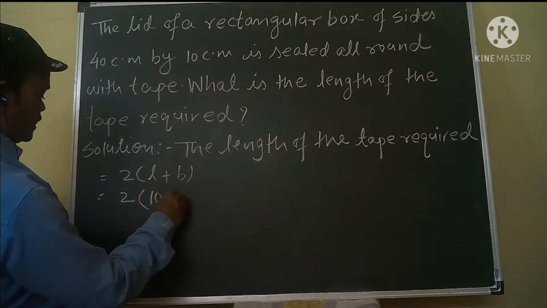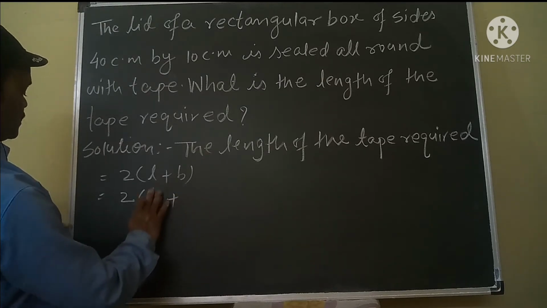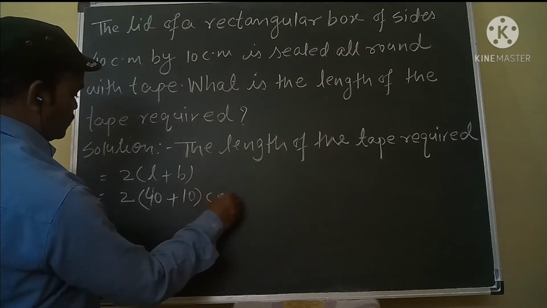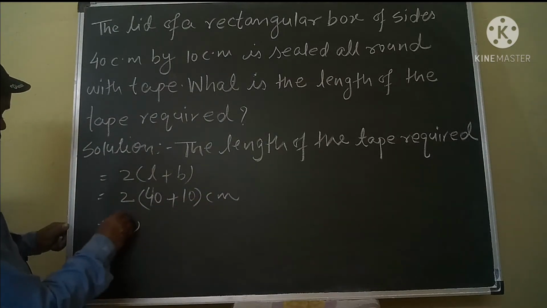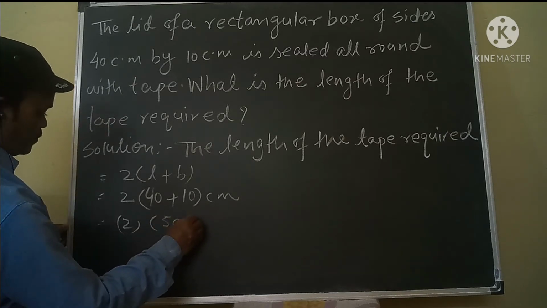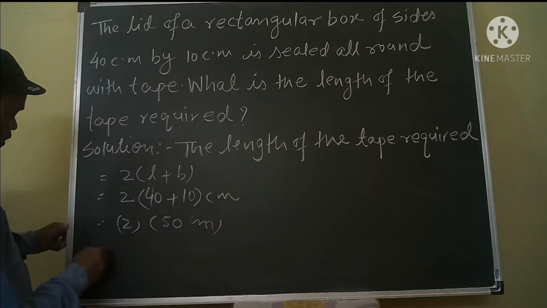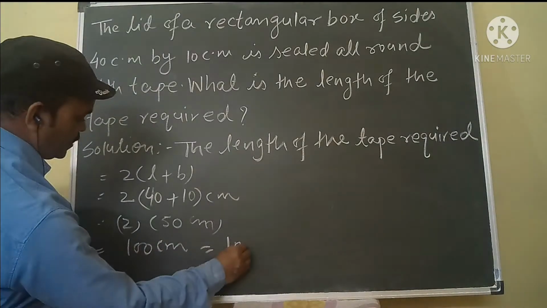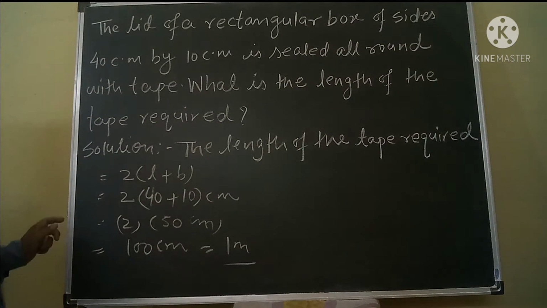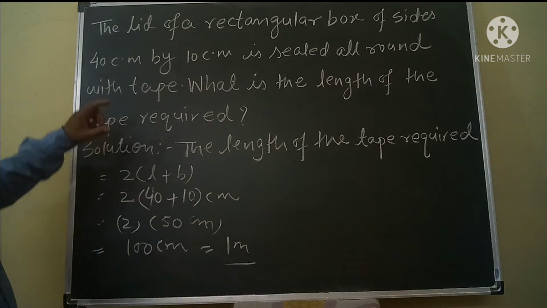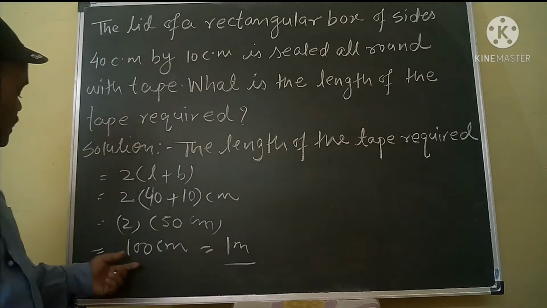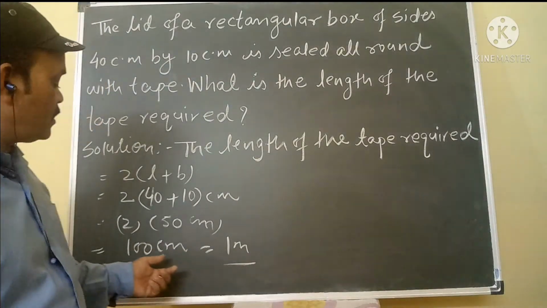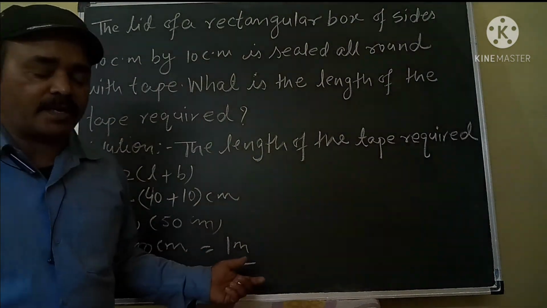Length is 40 centimeter and breadth is 10 centimeter. 40 plus 10 is 50, and 50 into 2 is 100 centimeter. 100 centimeter is equal to 1 meter. The length of the tape required for the given rectangular box is 100 centimeter, which is equal to 1 meter. This is your required answer.